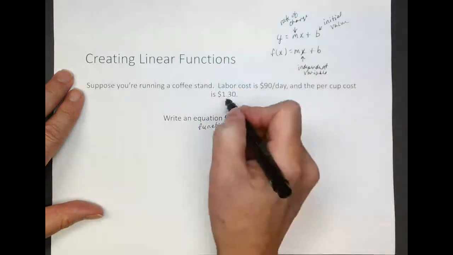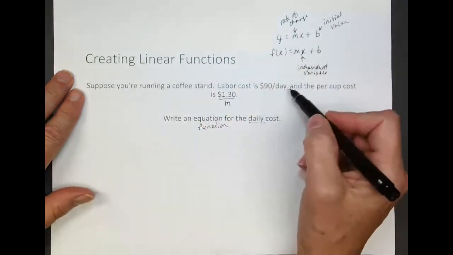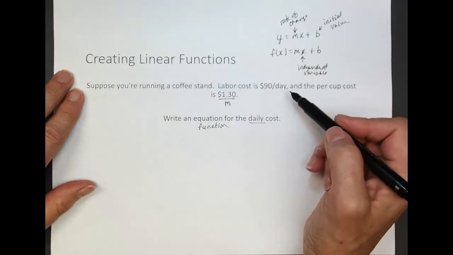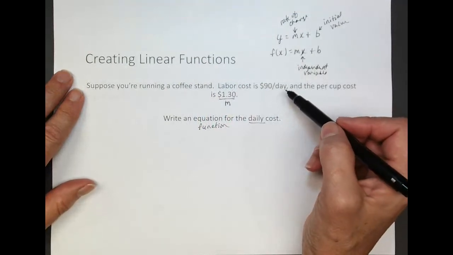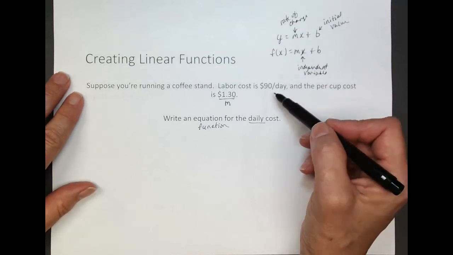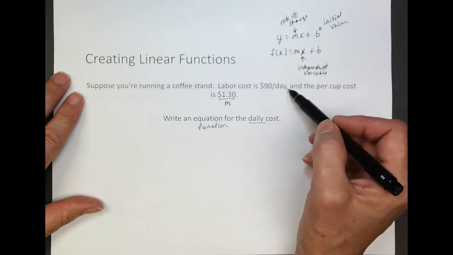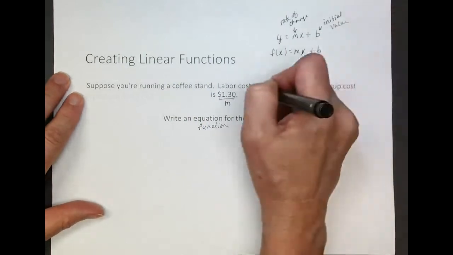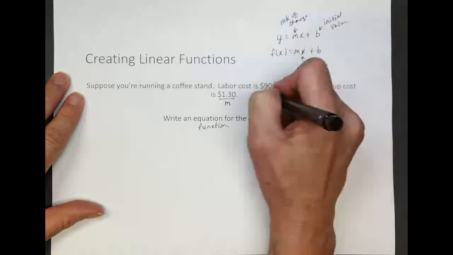Okay. Now what about the $90 per day? Well, if I don't sell any coffee at all, do I still have to pay the person that is manning the coffee stand? Yeah, I mean, if they're going to be there, you got to pay them to be there, right? So it looks to me like this $90 per day is sort of my initial cost or my initial value.